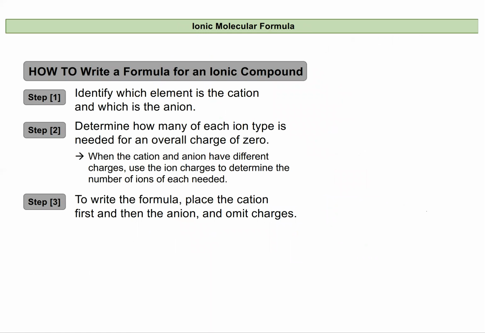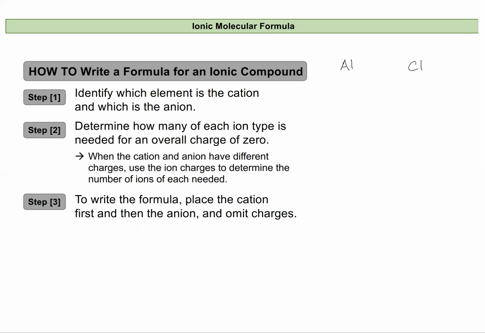So let's look at how to write a formula for an ionic compound if you're just starting with the elements. So let's take the example of aluminum and chlorine.